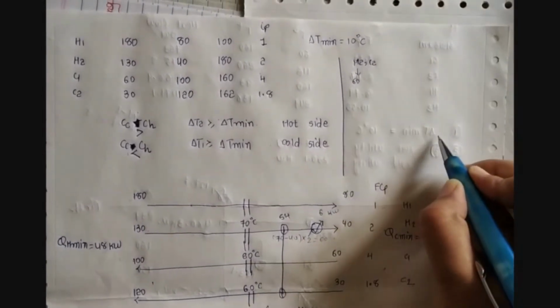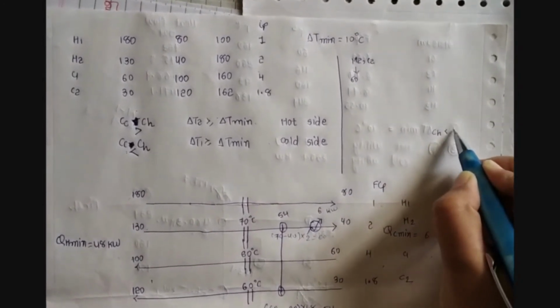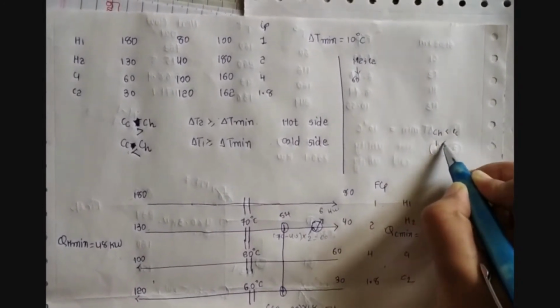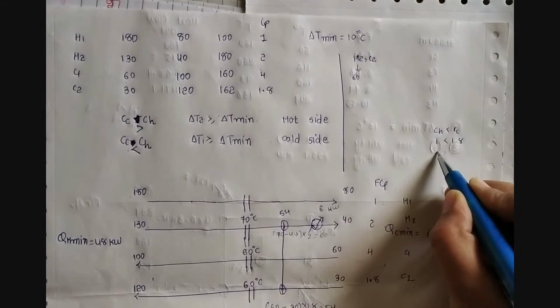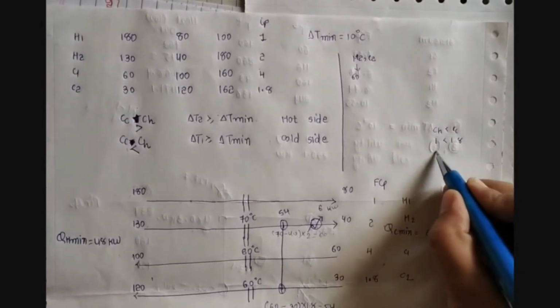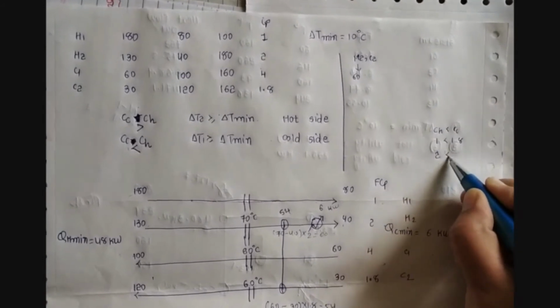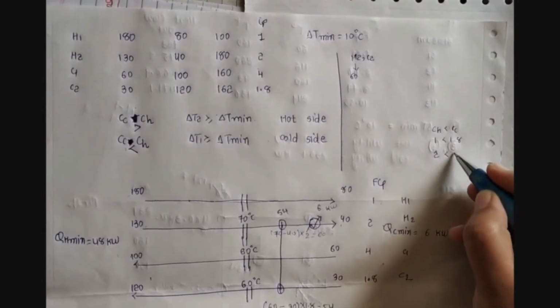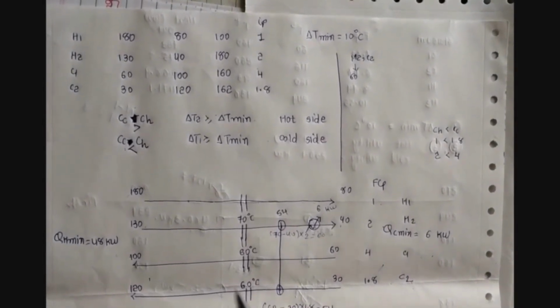So CH is less than CC, since 1 is less than 1.8, so we can transfer this. Similarly, H2 has a total FCP of 2, and we can transfer this to C1, which has 4, because 4 is greater than 2. That's how we can transfer.